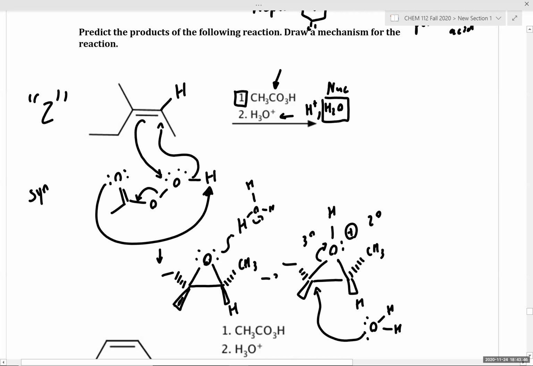This attack occurs with Markovnikov selectivity in terms of regiochemistry and anti-Markovnikov stereochemistry. So in turn, that will give us the following product depiction.